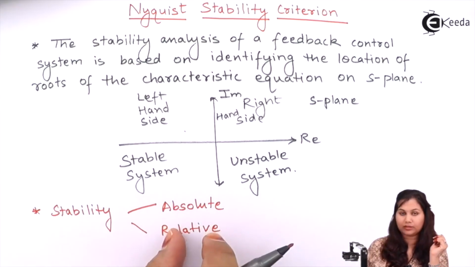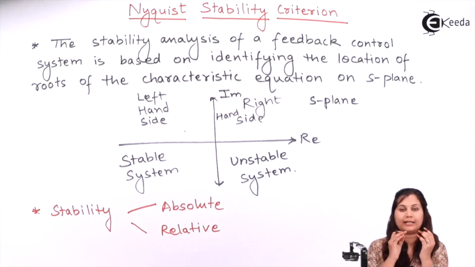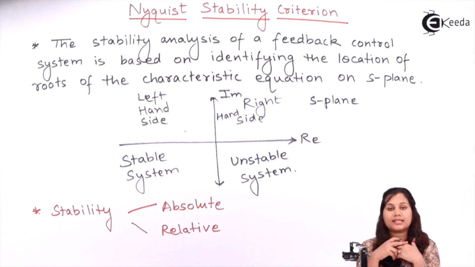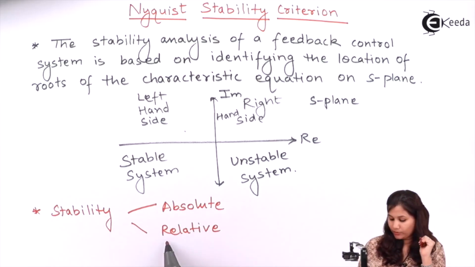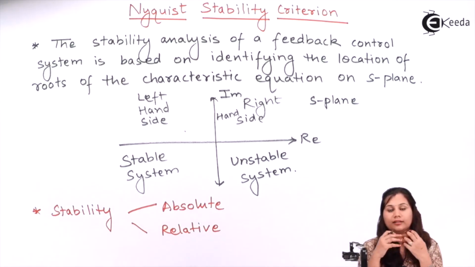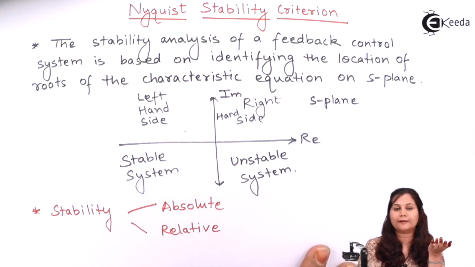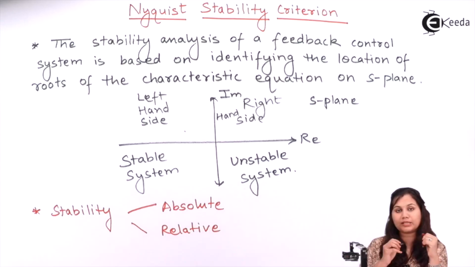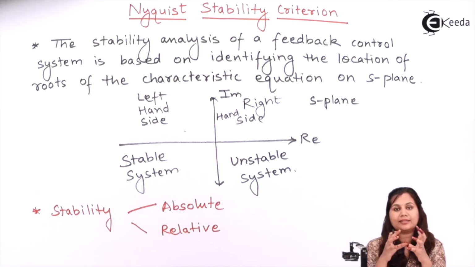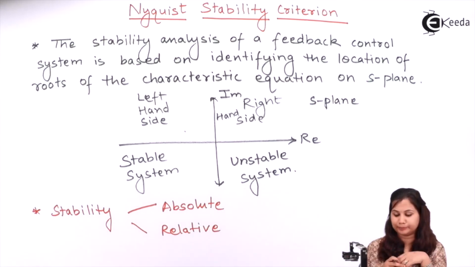That is called the absolute stability. Now relative stability shows how much the system is stable, that is, it gives us the quantity of the stability, whereas the absolute stability defines the quality of the stability.